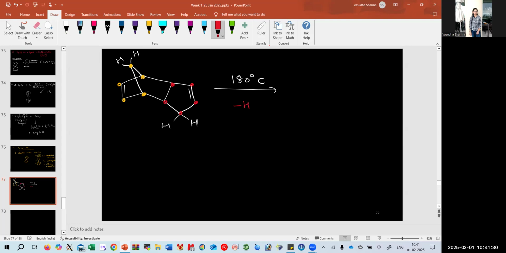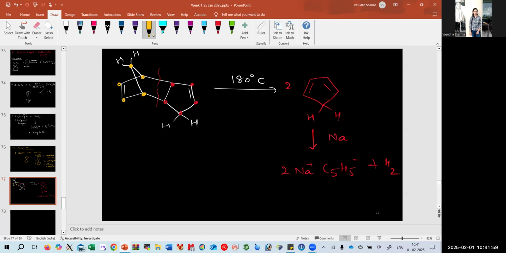It would break the bond, and therefore you will end up with two groups with H and H, right? So this bond is actually breaking. When this is treated with sodium, it would form two Na positive and C5H5 negative plus a molecule of hydrogen gas. So this is basically a thermal cracking.